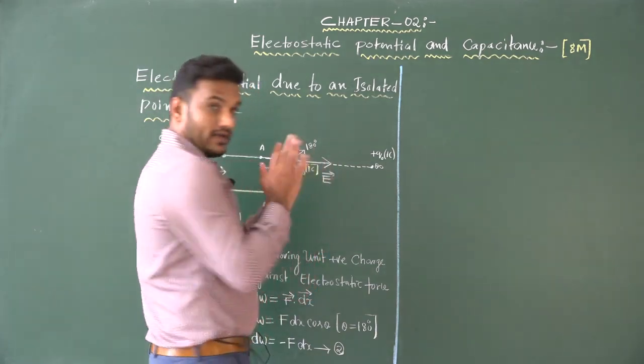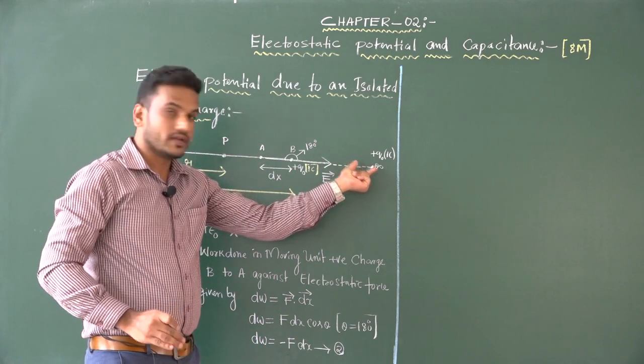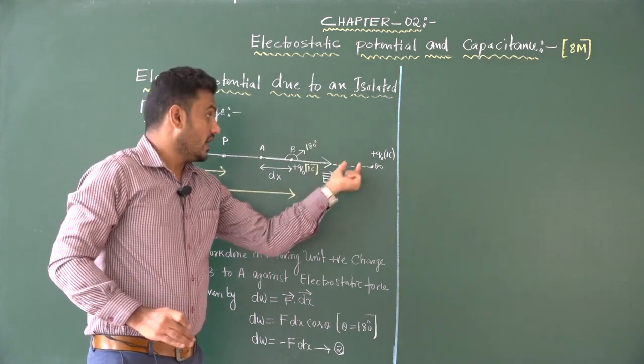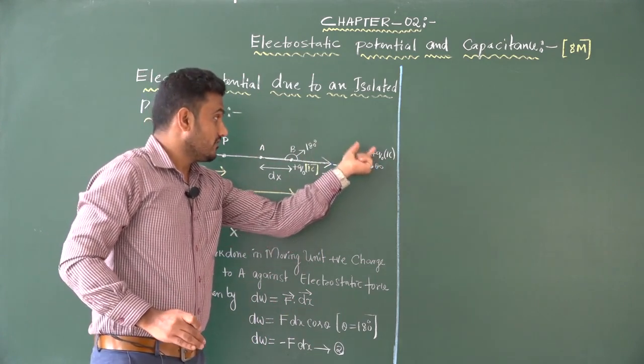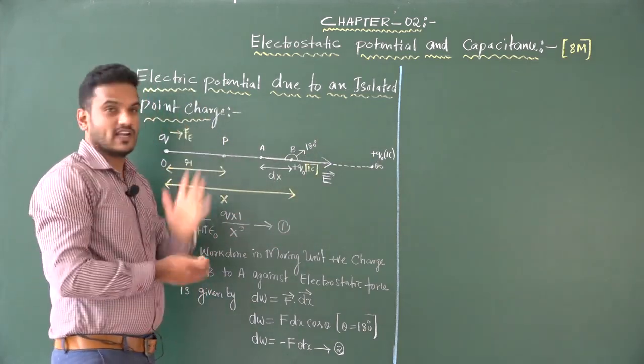Now I am calculating total work done in order to move a unit positive charge from infinity to a point P against electrostatic force.